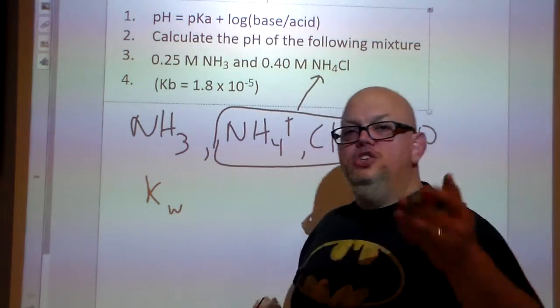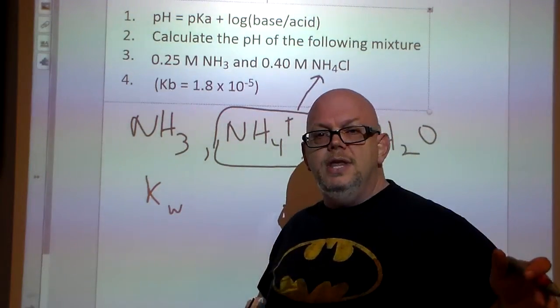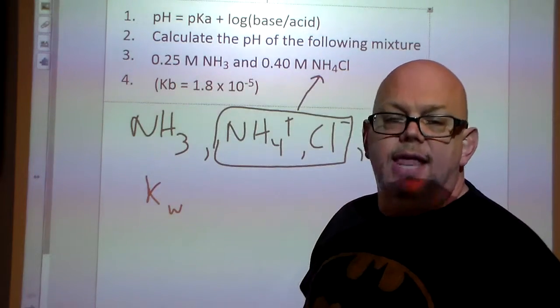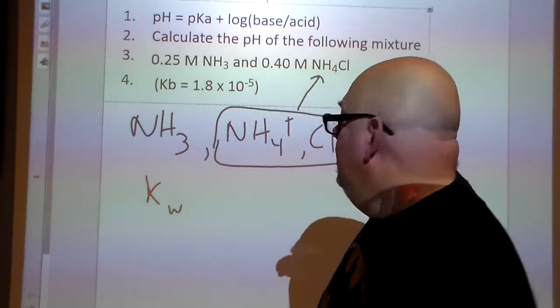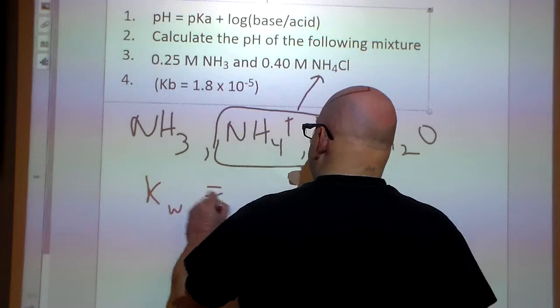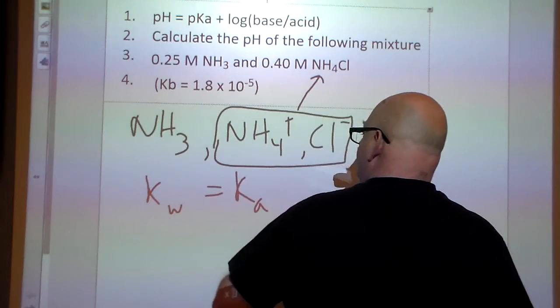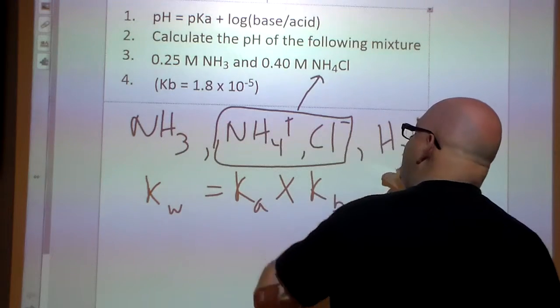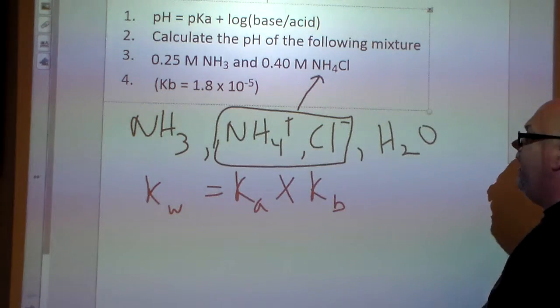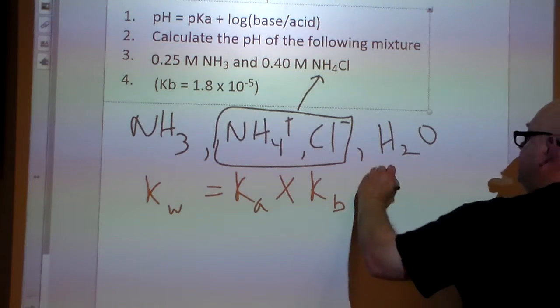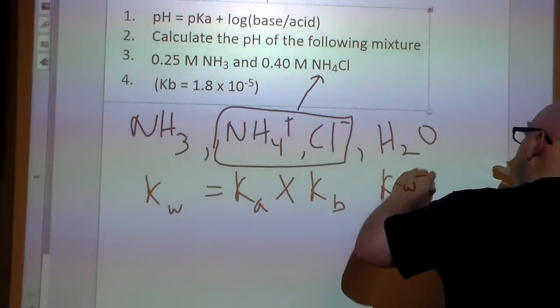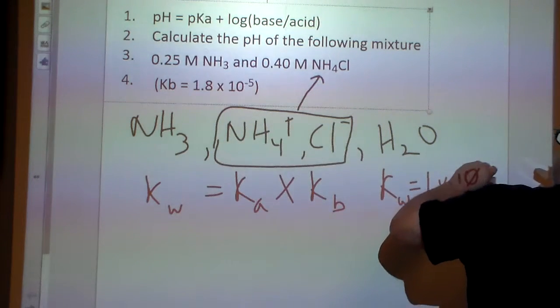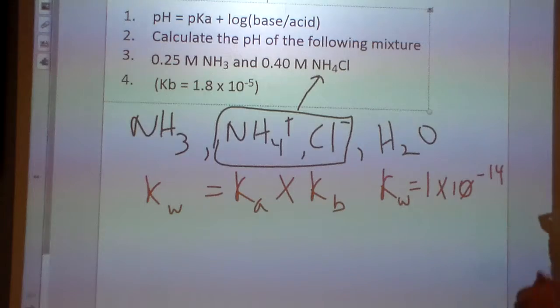You've got some H3O+ and OH- in there, and lots and lots of H2Os. But Kw is equal to the constant of the acid multiplied by the constant of the base. Now we know that Kw is equal to 1 times 10 to the minus 14th.